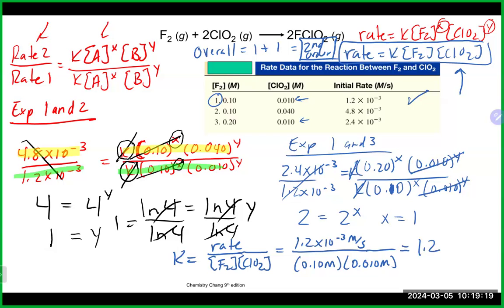What are the units? Molarity on top and bottom cancels, still 1 over molar seconds. There's still molarity on the bottom as well, right? So 1 over molar seconds, or sometimes people write it M to the minus 1, s to the minus 1, same deal. And those are the units.